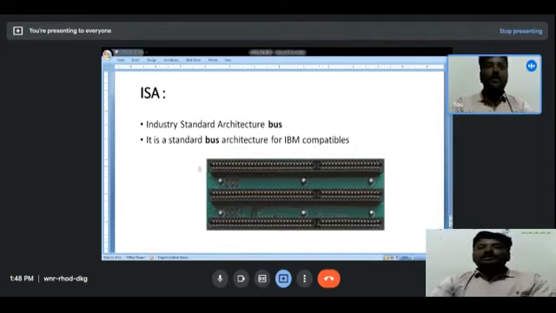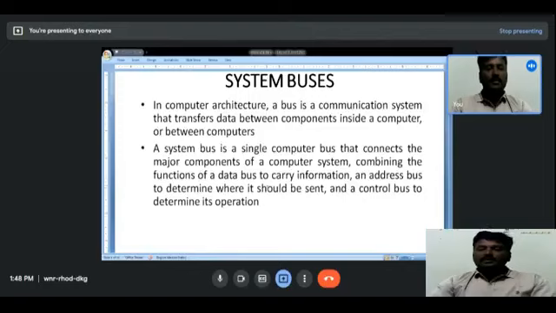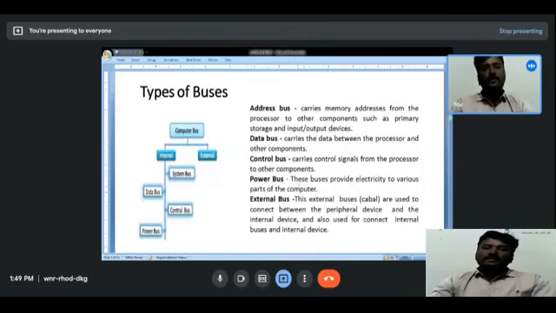A quick review: buses are used to connect for the means of communication, which may be data transfer, address transfer, control signal transfer, or power supply also. Next, there are different types of buses such as internal bus and external bus.